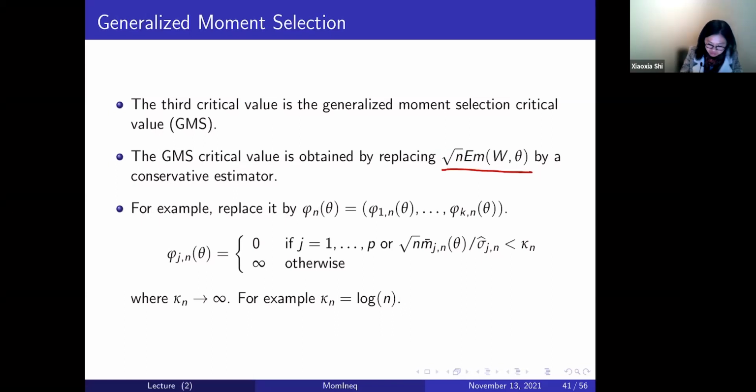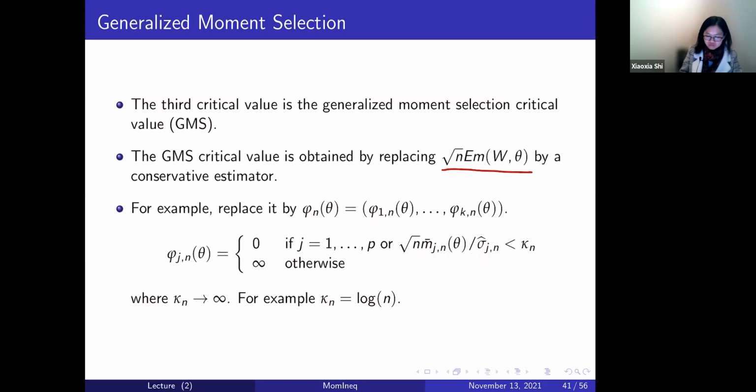So what the GMS critical value is doing is to replace the J slackness parameter by 0 if this standardized version of root n m bar is not very big compared with a threshold kappa n. So that's when we are not sure, we cannot determine that the moment is slack.